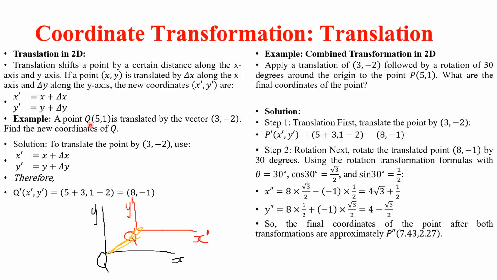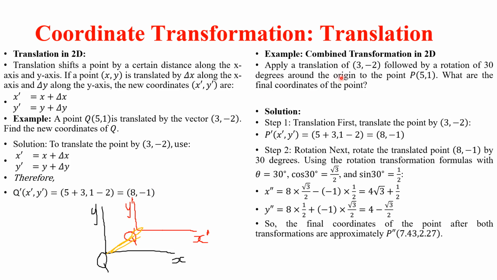It shows that 5 plus 3 will be the new x-axis, and 1 plus -2 will be the new y-axis, and that we've done here. So the new coordinates of Q will then be equal to 8 and -1.